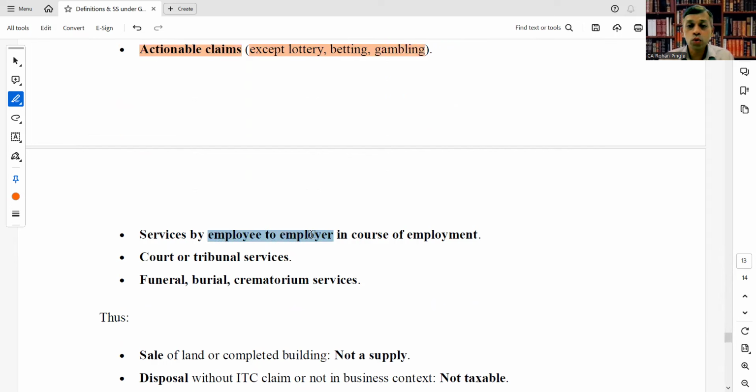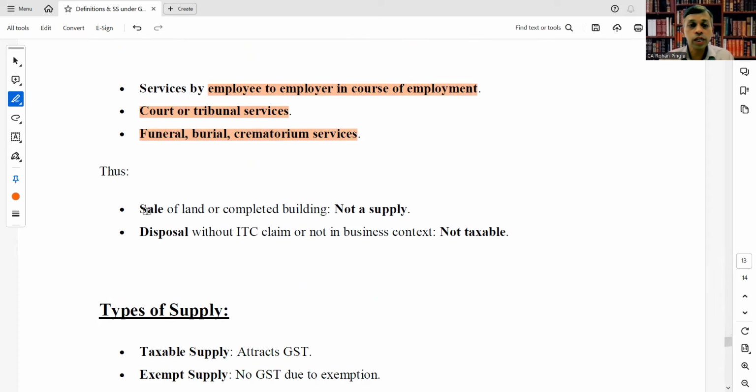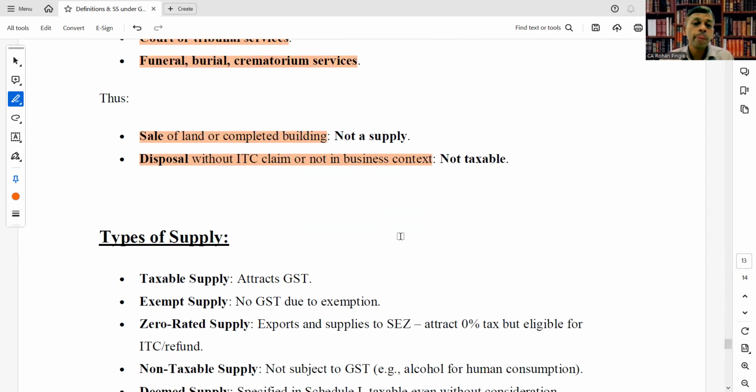Services by an employee to an employer in the course of employment, court or tribunal services, and funeral, burial, and crematorium services are also not supply. Thus, sale of land or completed building is not a supply. Disposal without ITC claim or not in a business context is not taxable. Very important part.